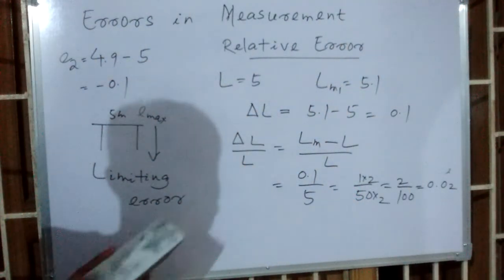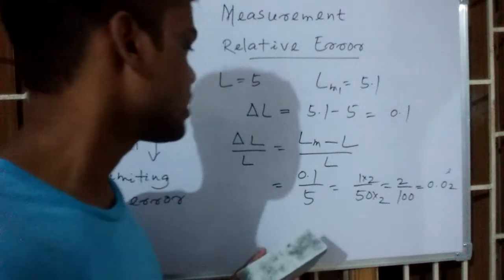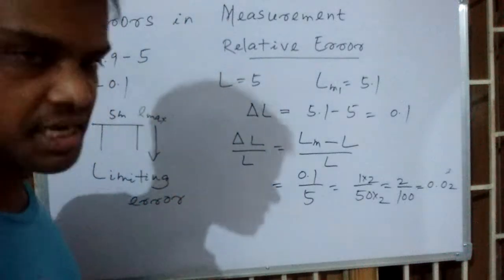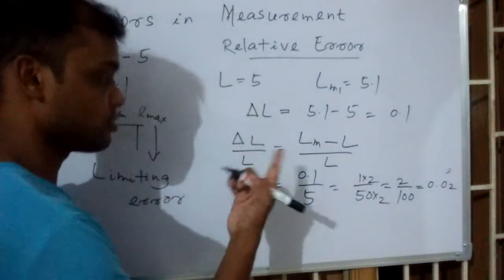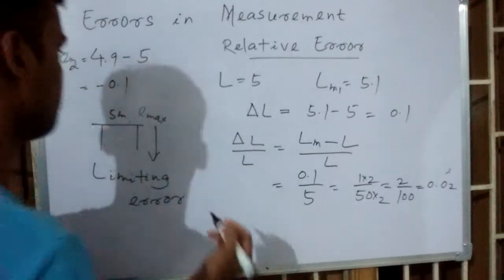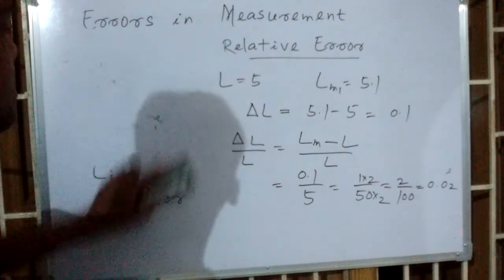Now you can also express it in percentage. What is percentage relative error? Very simple, just multiply relative error by 100.